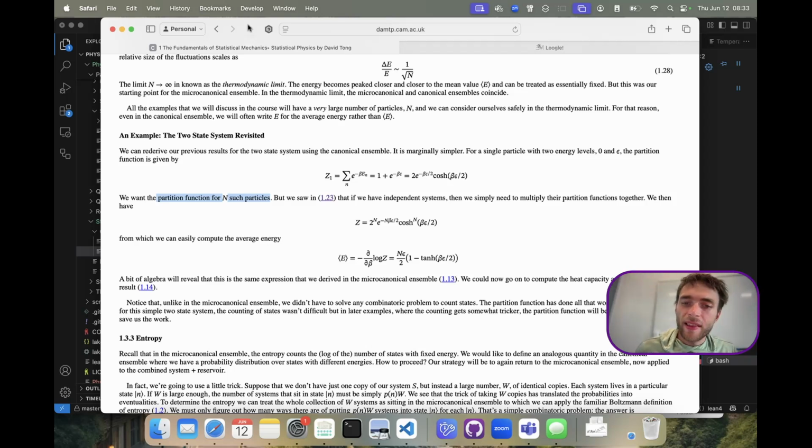I mean, that is implemented into PhysLean, but the API around multiplying a canonical ensemble by itself hasn't been fully developed yet, but will hopefully be soon. So we're going to just keep n equal to 1 here, and we're going to show that the mean energy is equal to this thing here.